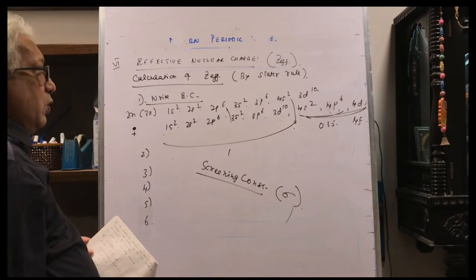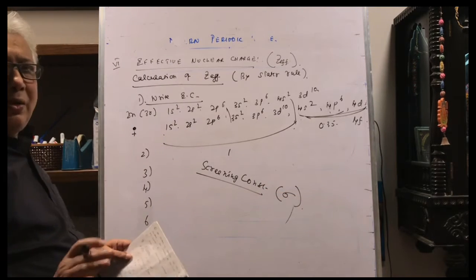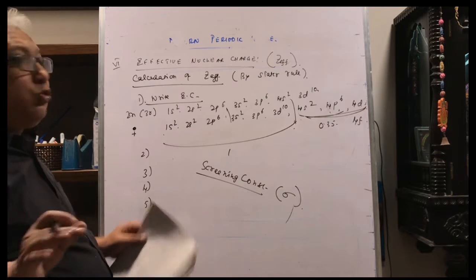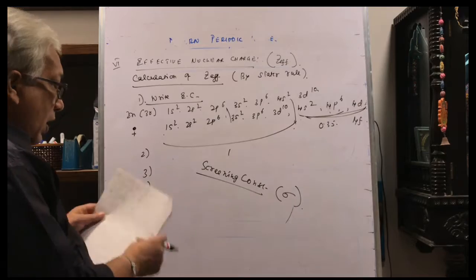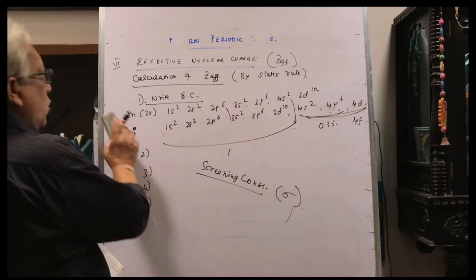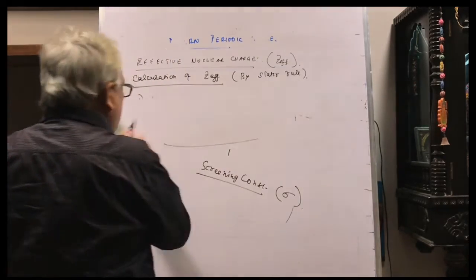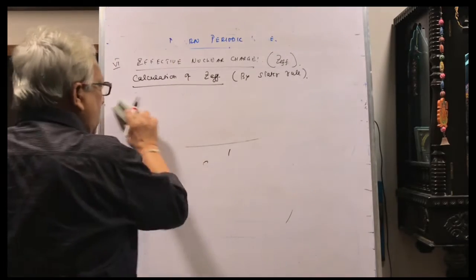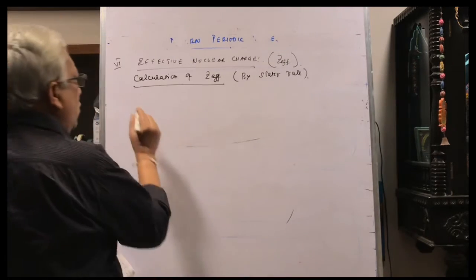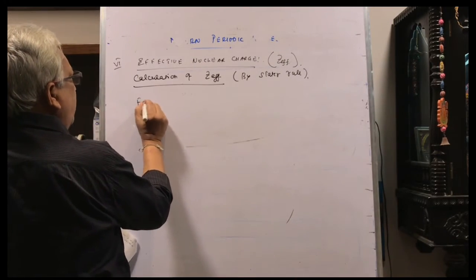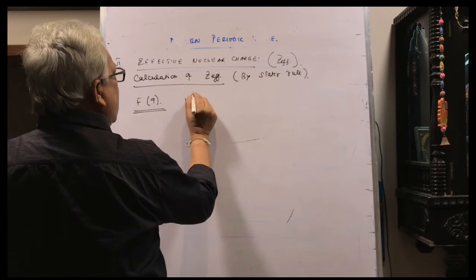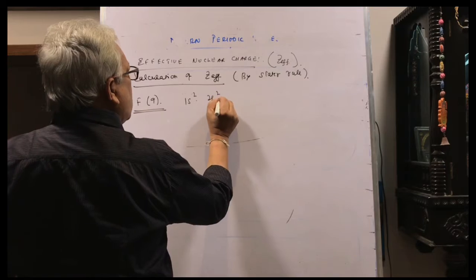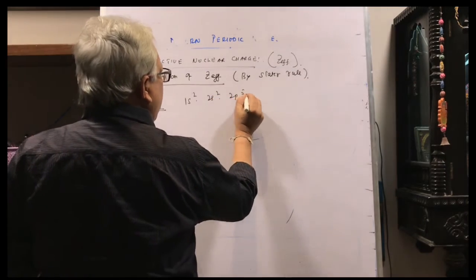Is that okay? So let us take an example so that we can understand how to find out effective nuclear charge. So I think of fluorine. Z effective for fluorine I have to calculate. So fluorine atomic number 9. So configuration is very simple, 1s2, 2s2, 2p5.